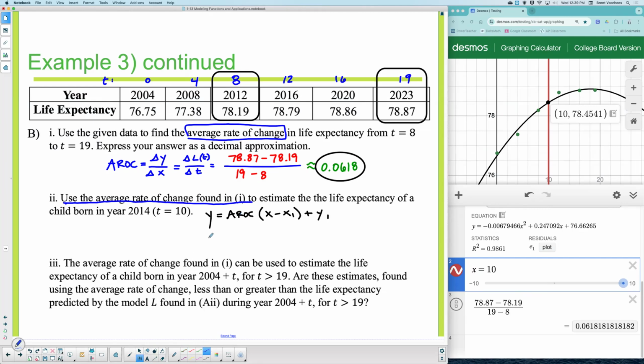Our estimate, I'll do Y hat here for estimate because I did that earlier. Our estimate is going to be on this problem, this AROC, 0.0618. That's actually 4 decimals. Times, now they gave us this value right here. This is our X. X is 10.